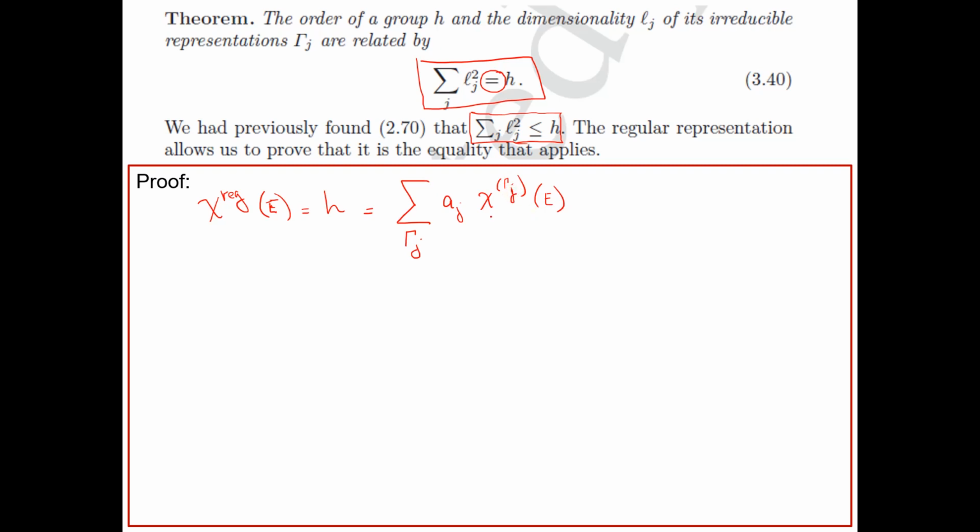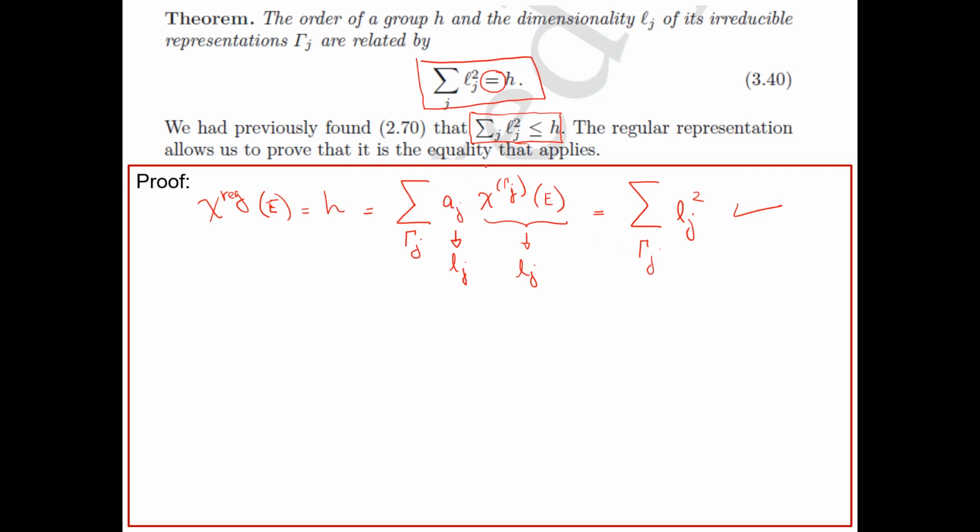Okay, and this we have in the previous slide. I have shown you this is Lj, right? This is the trace of the identity matrices with Lj rows and columns. Okay, so this is basically the sum over gamma j of Lj squared, and this completes the proof.